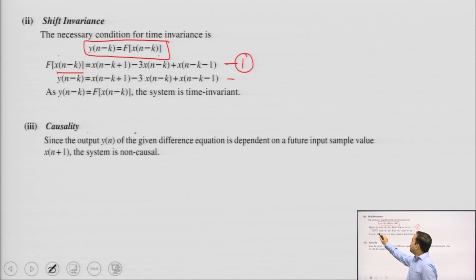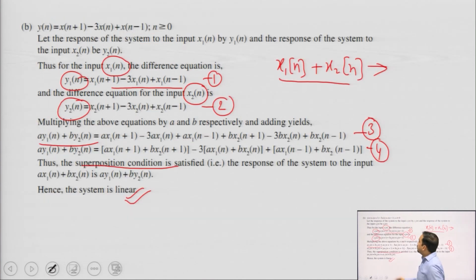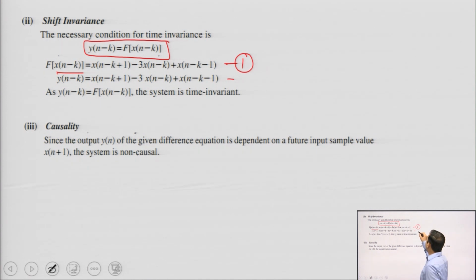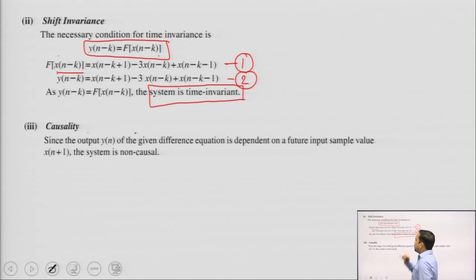So, we are getting y[n-k], x[n-k+1]. Also, here we can write x[n-k], and here also x[n-k]. So, by seeing equation number 1 and equation number 2, both the equations are identical. Once these equations are identical, we can say that the system is time invariant. So, the system is linear also, the system is time invariant also.